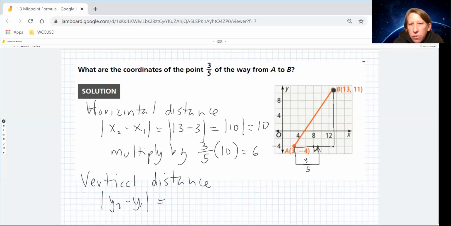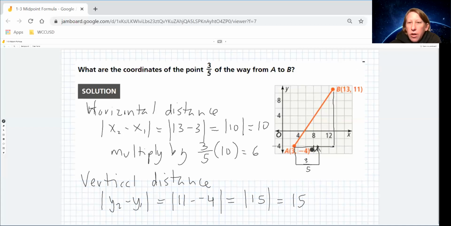In this problem, it goes all the way up to 11, and it goes all the way down to -4. That's a vertical change of 15. If I was going to count from 11 down to here, it's 11, 12, 13, 14, 15. Points A and B are 15 apart in the vertical direction.